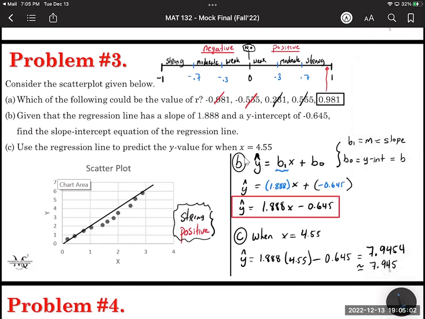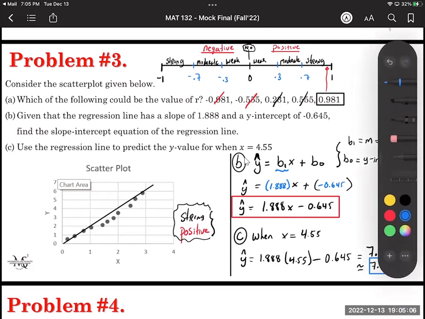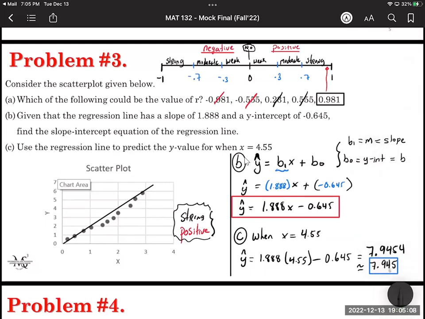So this would have been the solution to problem 3. There's no 6, the 6 was just a number on the slide, so I got rid of it. Any questions?